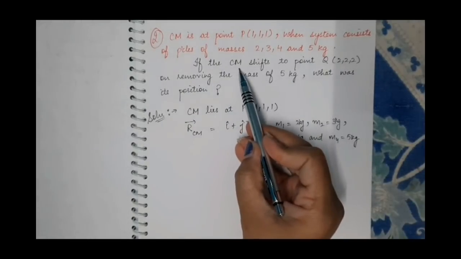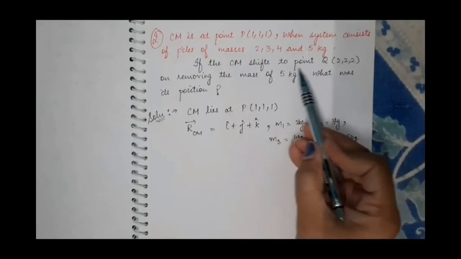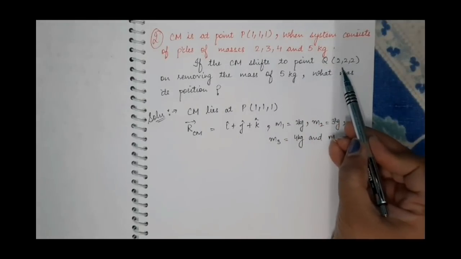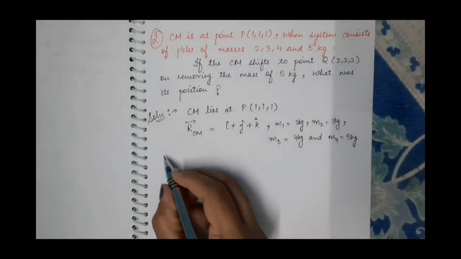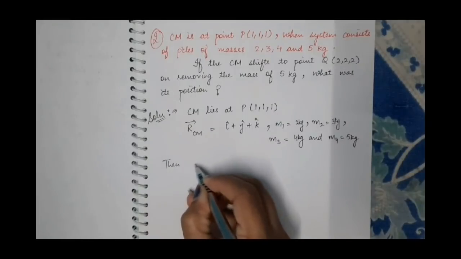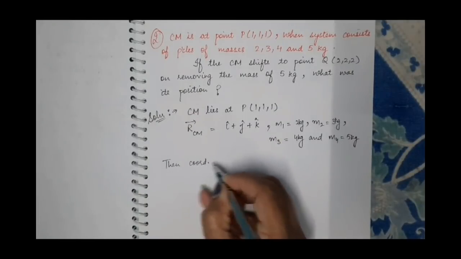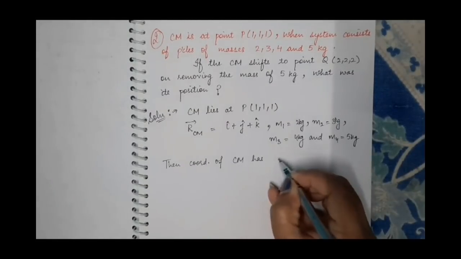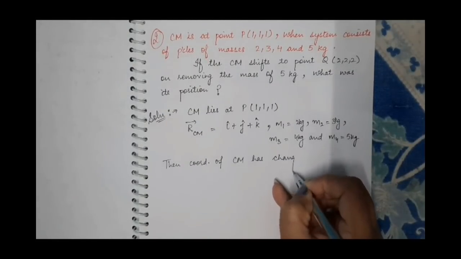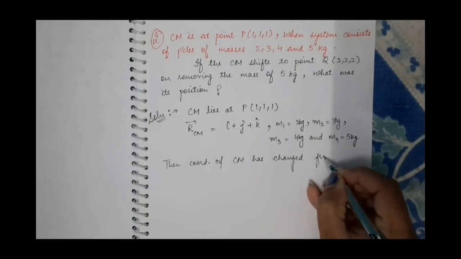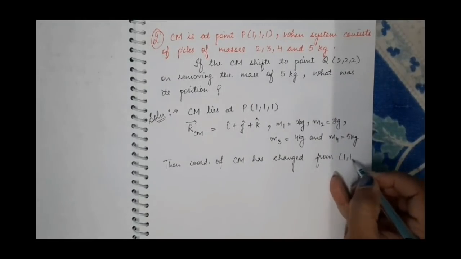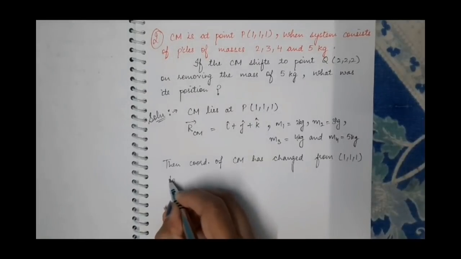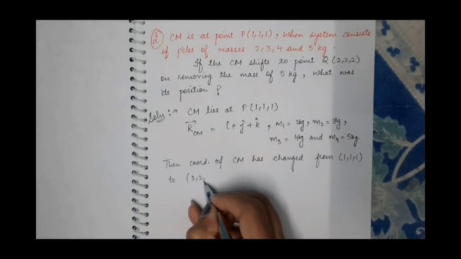Then the center of mass shifts to point Q having coordinates 2, 2, 2. So the coordinates of the center of mass have changed from 1, 1, 1 to 2, 2, 2.